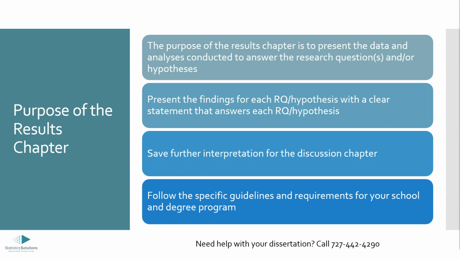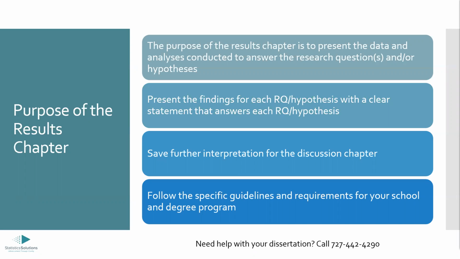And while it's important to note that we will be covering the sections of the results chapter that are typical based on our experience with many different schools, it is important that you check your school or degree program's specific guidelines to make sure that you include the information that is required.